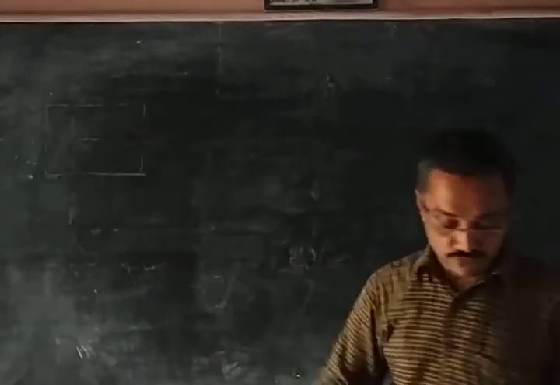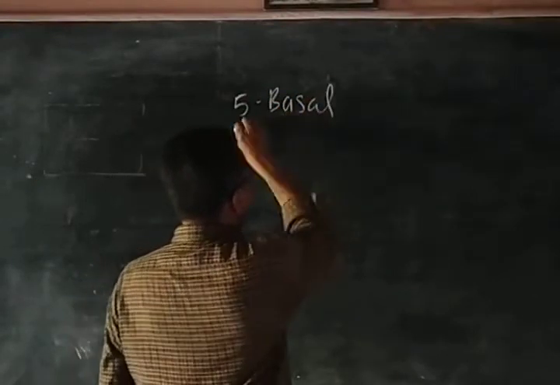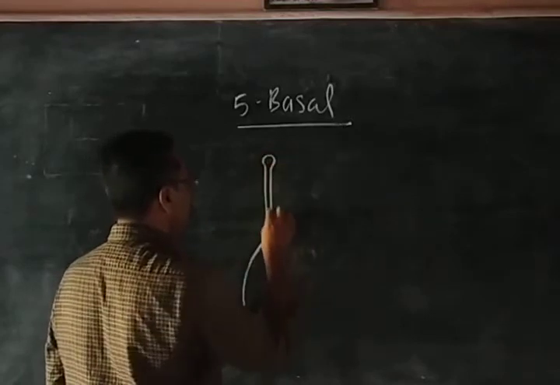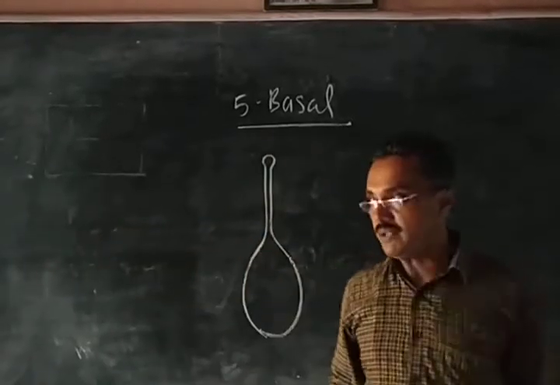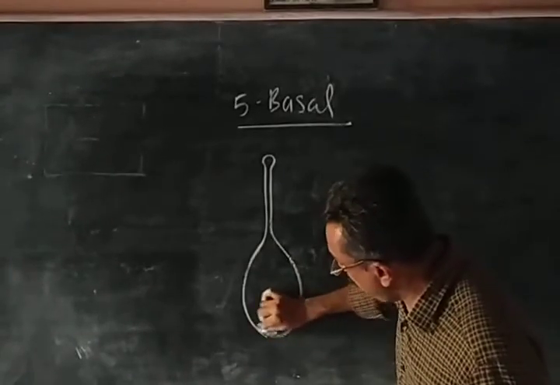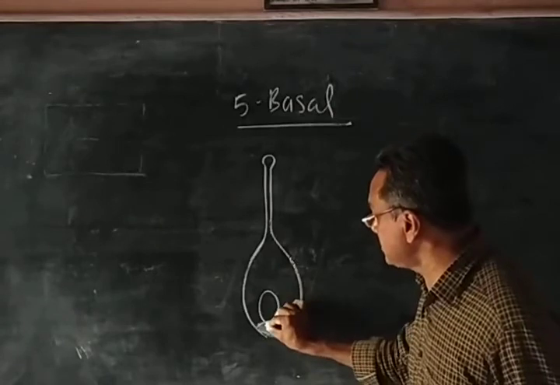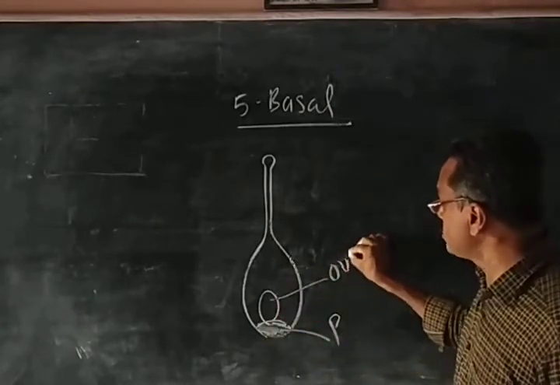Then comes the fifth type of placentation, called basal placentation. In basal placentation, ovules are present on the basal part of the ovary. This is the gynoecium, this is the basal part of the ovary. Here ovules are present on the basal part. This is the placenta, these are the ovules.